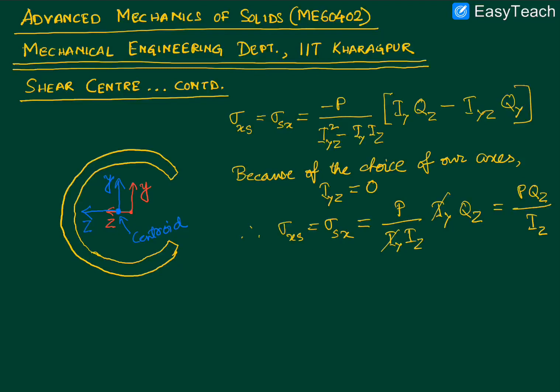But suppose you say that no, I am referring the things with reference to this red colored z-axis, not the blue colored z-axis, then would it make any difference to the resulting value here? The answer is no, it will not make any difference, because of course y is different if we consider the red axis or the blue axis, but the z-axis is absolutely the same in both the systems. So whether you take the blue colored reference axis or the red colored reference axis, the quantities which are calculated with reference to the z-axis, they are the same.